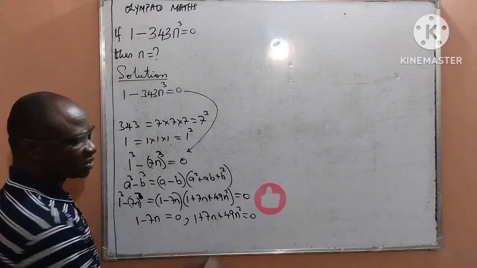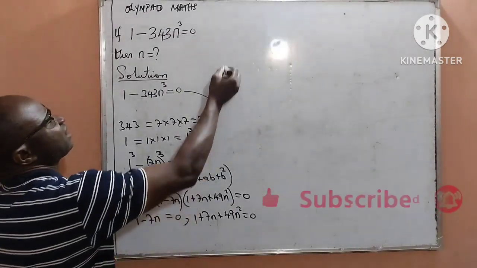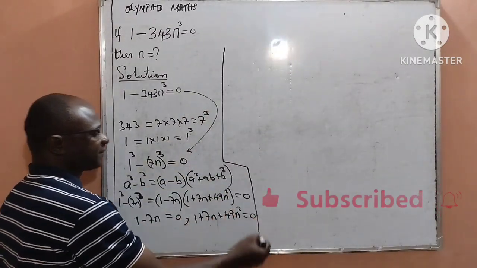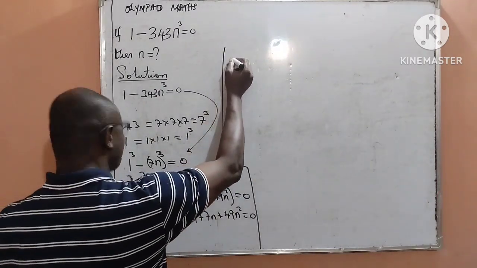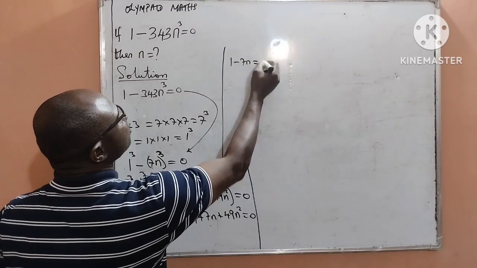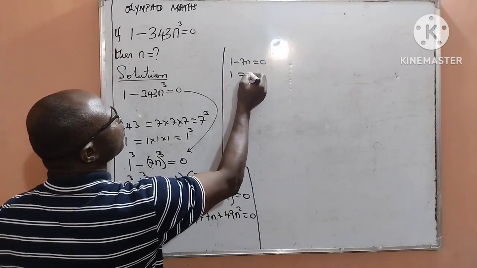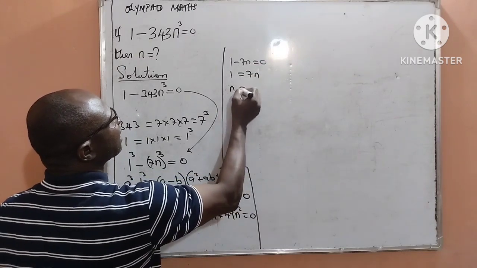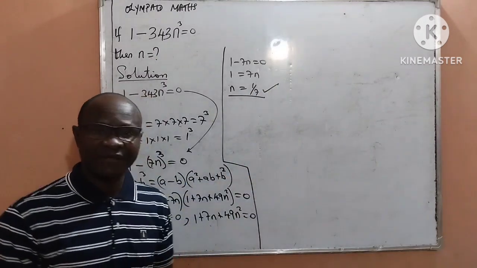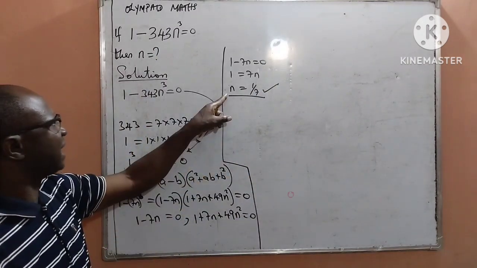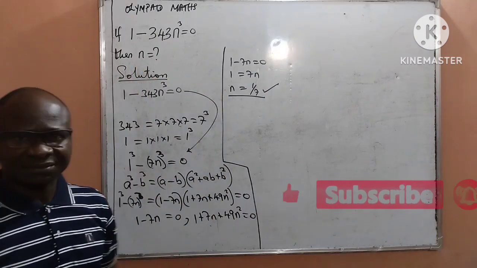The second one is quadratic, the first is linear. Therefore, from the first equation, we find the value of n. If 1 minus 7n equals 0, 1 is equal to 7n, and n is equal to 1 over 7. So I have gotten the first value of n as required.